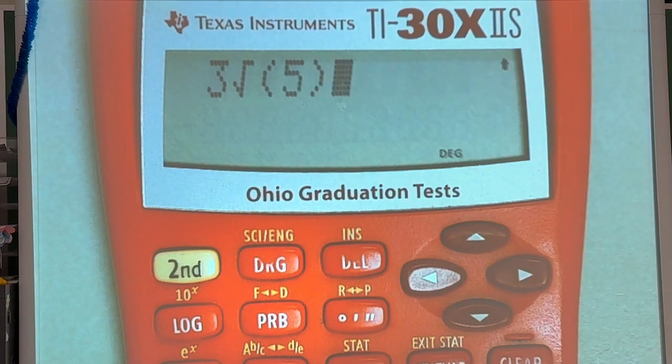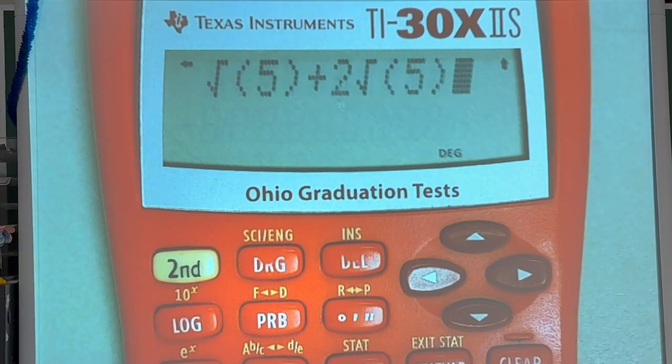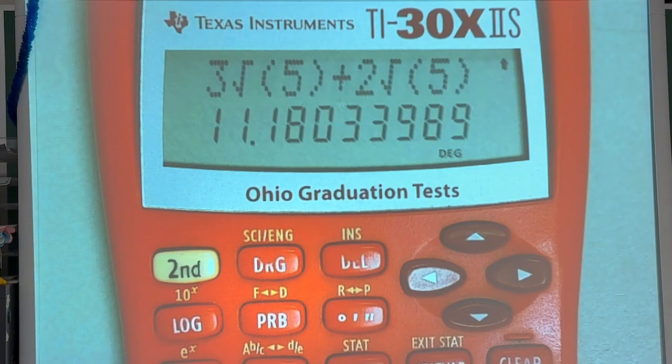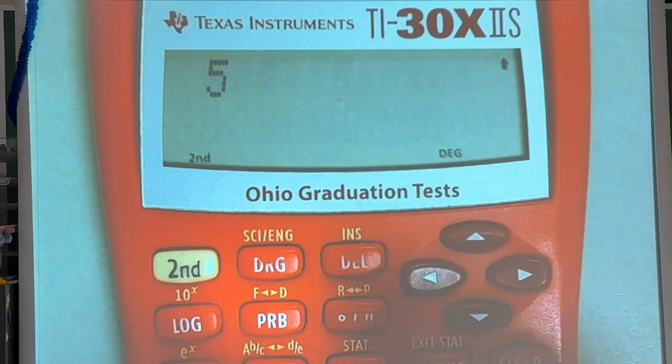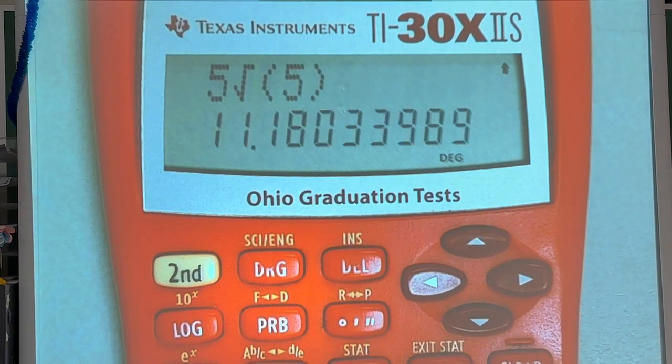There's our 3 radical 5, closing my parenthesis, plus 2 square root of 5, closing my parenthesis. It starts me with the parenthesis, I just need to remember to close it. Should be 11.18. If I put my answer in, 5 radical 5, that means 5 times the square root of 5. I get that same decimal. I know my answer is correct.